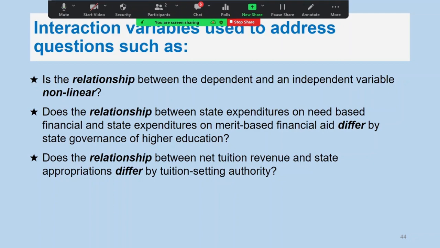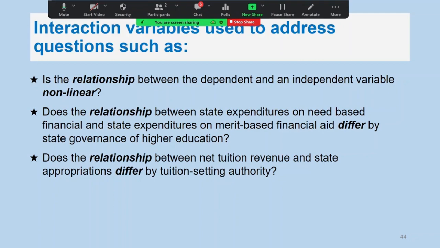So now we introduce another variable there, state governance of higher education, which may be like Maryland, where it's both at the state level, to a certain extent, Maryland Higher Education Commission, but also at the system level, versus, say, Michigan. Michigan is like laissez-faire. Every institution is on its own with regard to going to the governor asking for money. Whereas the University of Maryland College Park has to go through the system office.